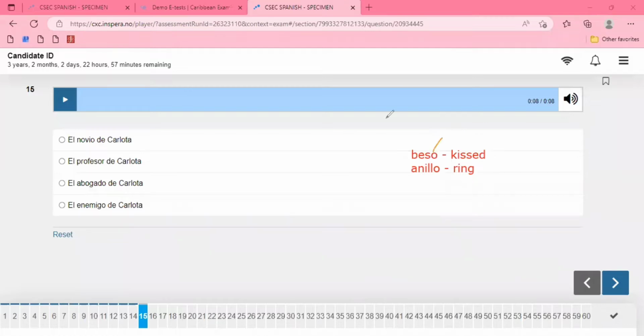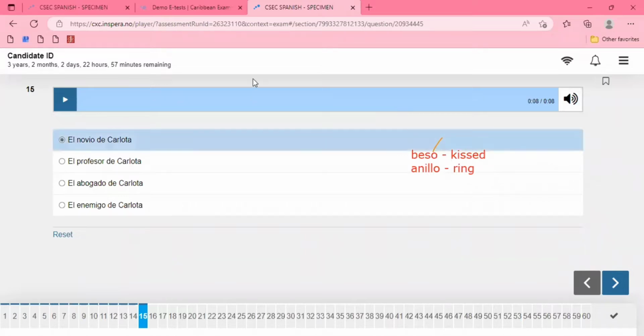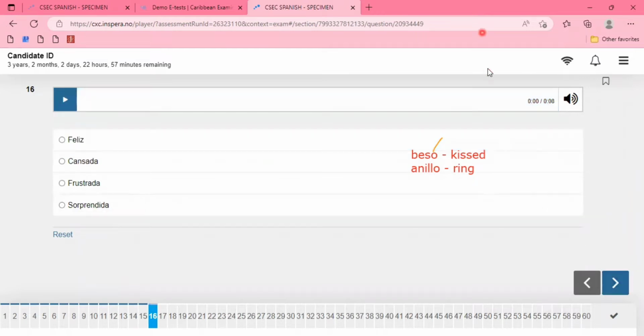So Pablo is most likely to be Carlota's boyfriend. El novio de Carlota. Other options would have been el profesor, teacher or instructor, el abogado, lawyer, el enemigo, pretty similar to its English counterpart, enemy. So of course, we chose el novio.